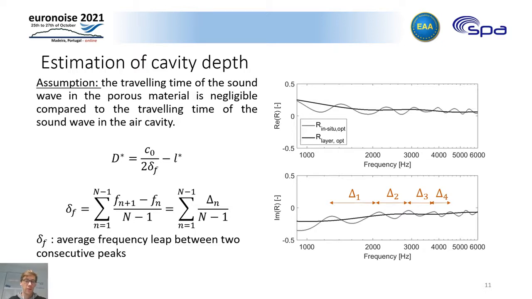And so the approach we found to estimate this air cavity depth was simply by looking at the reflection coefficient that is measured, in which you can clearly see some resonance, and by taking the average frequency leap between two consecutive peaks, we can estimate the depth of the air cavity by assuming that this frequency leap is almost entirely related to the air cavity itself, because it's much larger than the thickness of the panel.